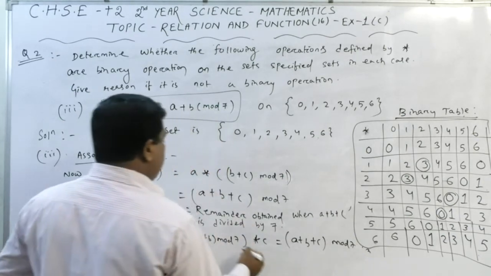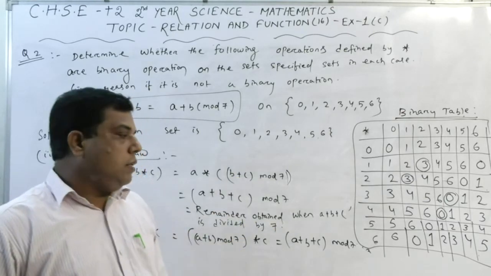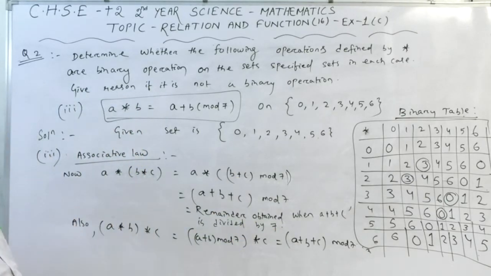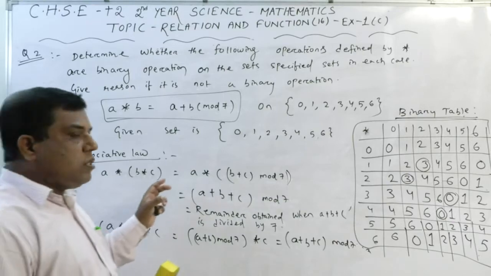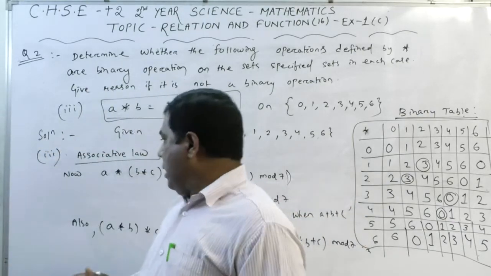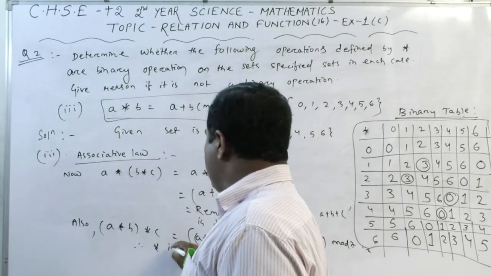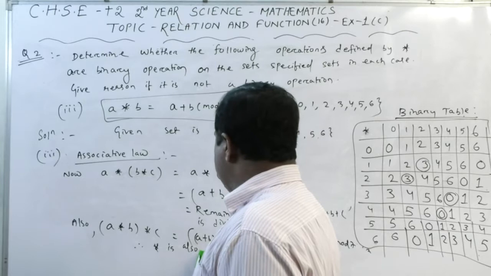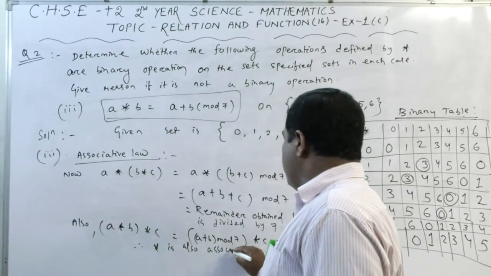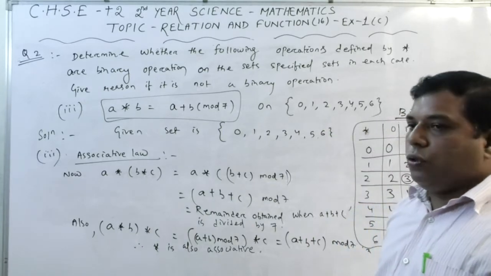The same thing you can see: the remainder obtained when A plus B plus C is divided by 7. Okay, my dear students, so therefore we can say star is also associative.